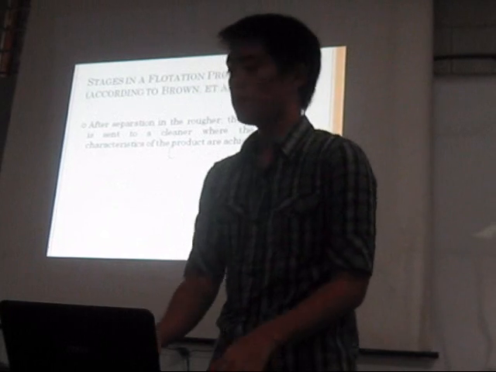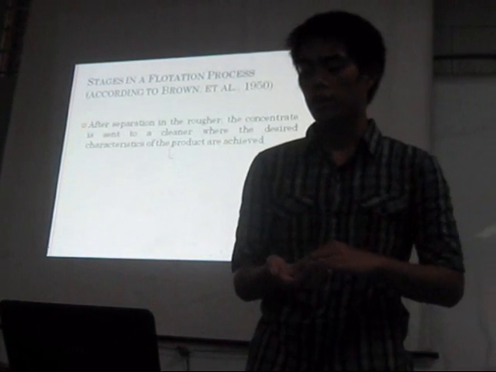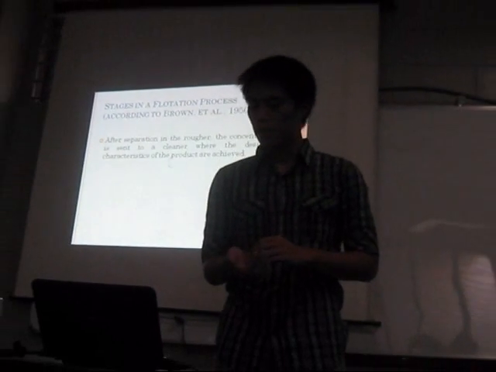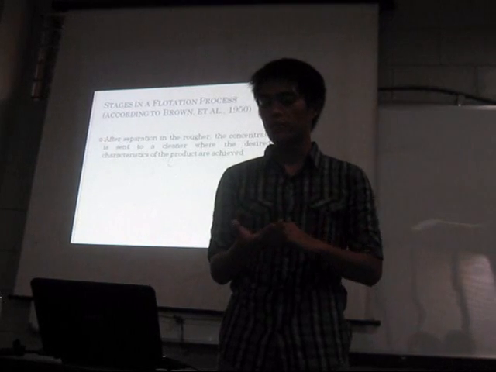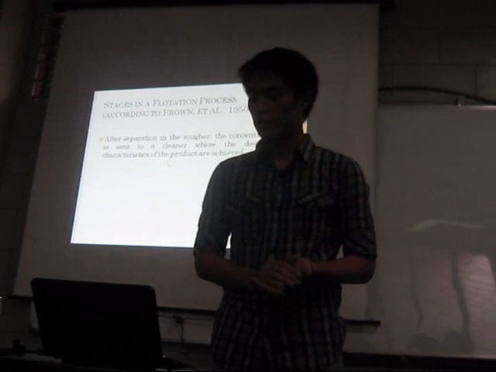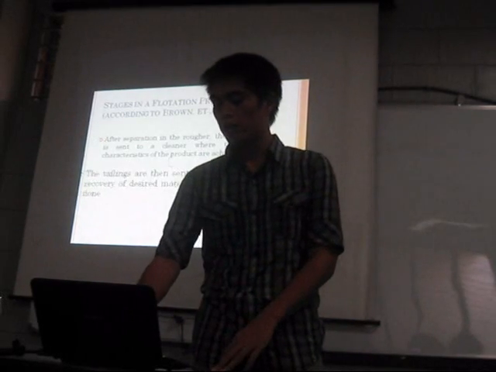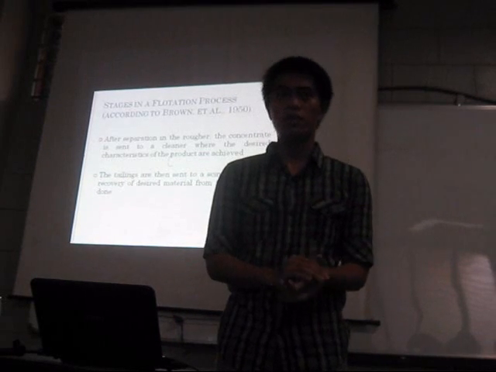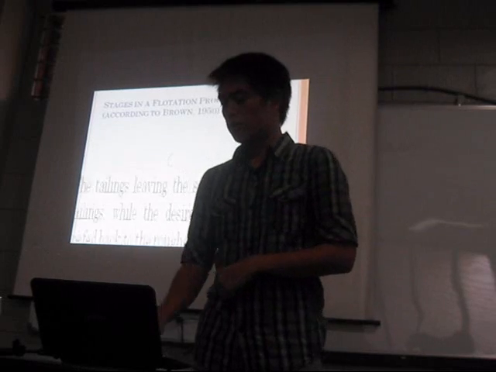Next, after the feed has been conditioned for separation, it is introduced into the rougher, where the products are the concentrate and the tailings. The concentrate is sent to a cleaner where the desired characteristics of the final product are achieved, while the tailings are sent to a scavenger, which recovers some of the desired materials found in the tailings.